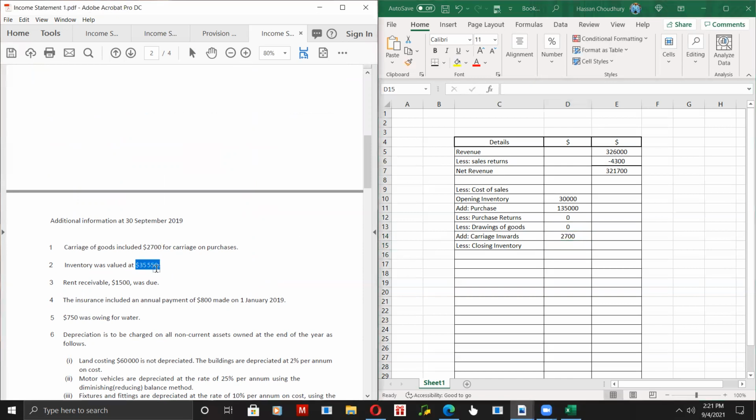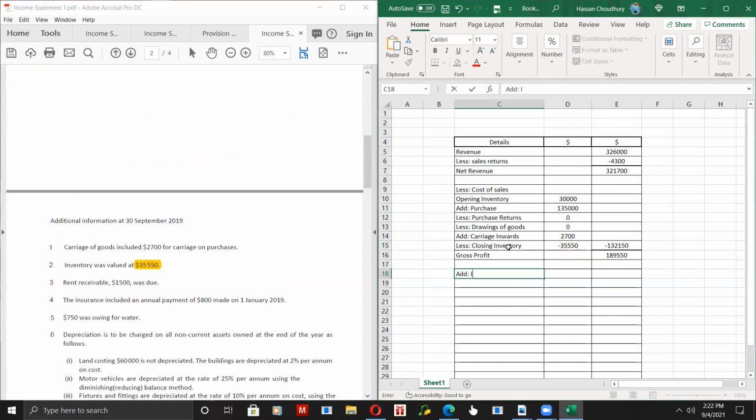And then you've seen your closing inventory over here, which is minus 35,550. Right. So what you've got is this plus this plus this plus this plus this plus this. You've got your 132,150. So this should be a minus figure. So minus this and this. Okay. So you've got your bottom thick border and you have this plus this. This is your gross profit.